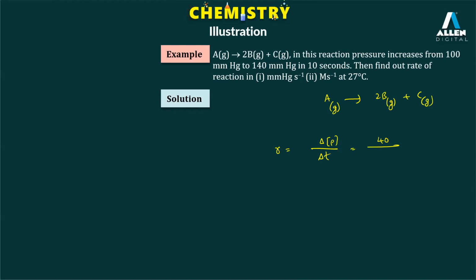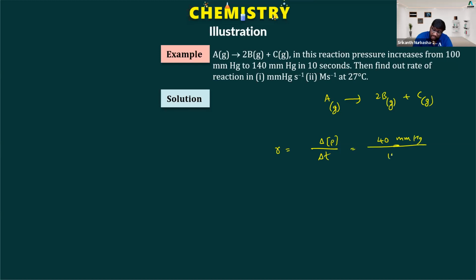So delta P is 140 minus 100, that is 40 mm of Hg, divided by change in time, 10 seconds, that is 4 mm of Hg second inverse. This is the rate in terms of pressure.